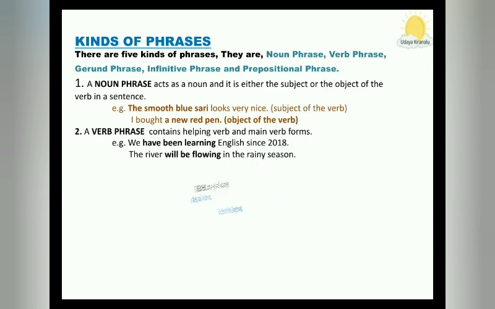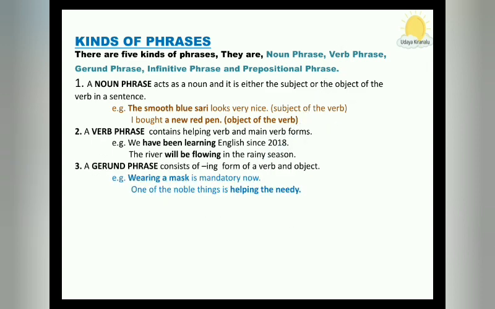And the third one is gerund phrase. A gerund phrase consists of ing form of a verb and its object. For example, wearing a mask is mandatory now.